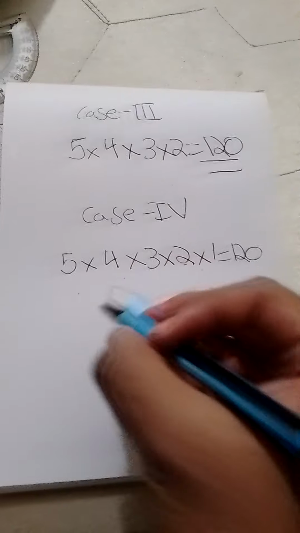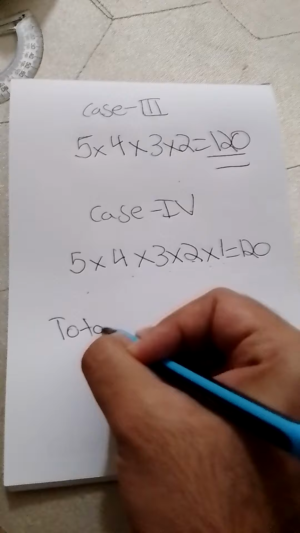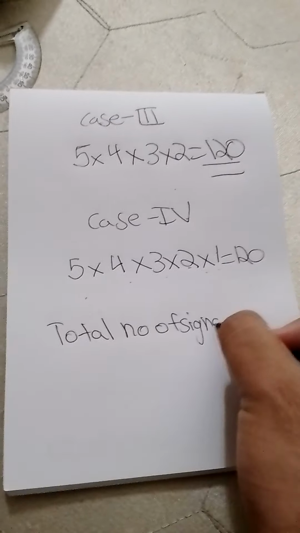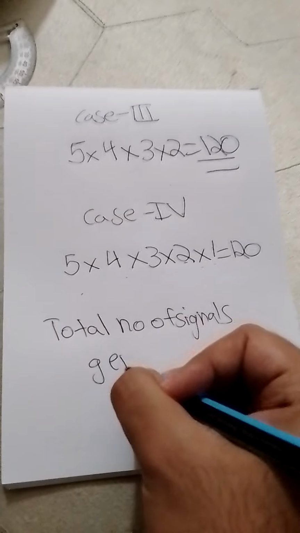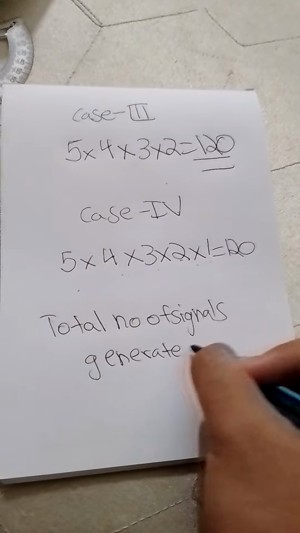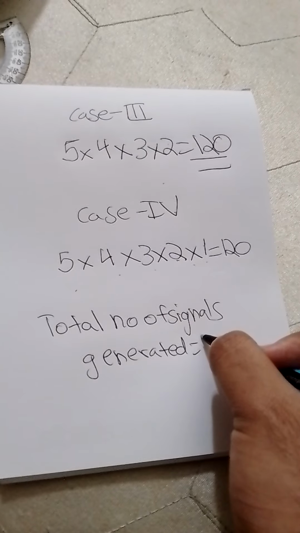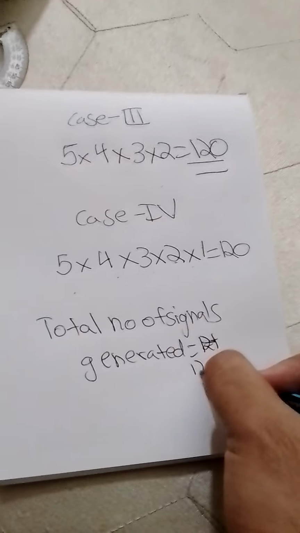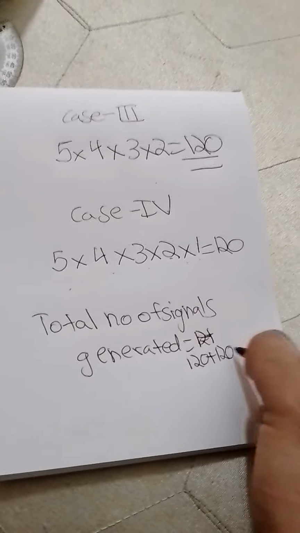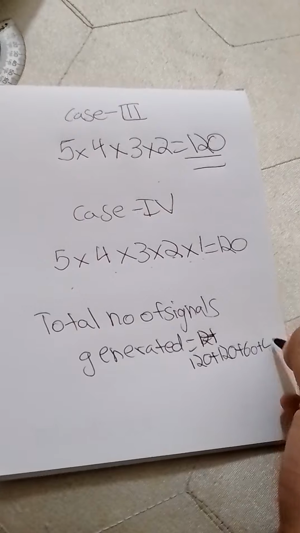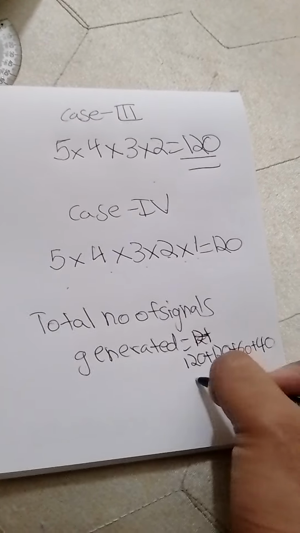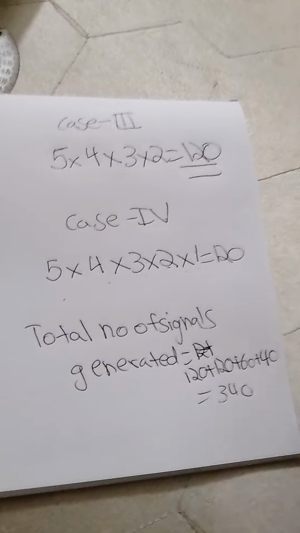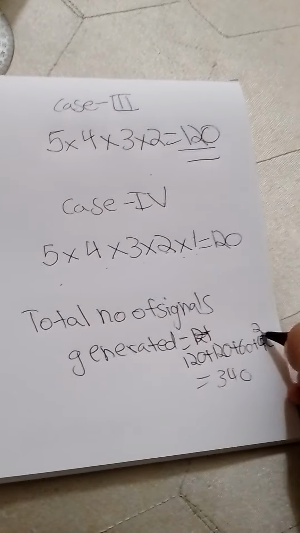That means the total number of signals generated is equal to 120 plus 120 plus 120 plus 60 plus 40, is equal to 340. Apologies, it's 320. This is not 40 but 20. 320.